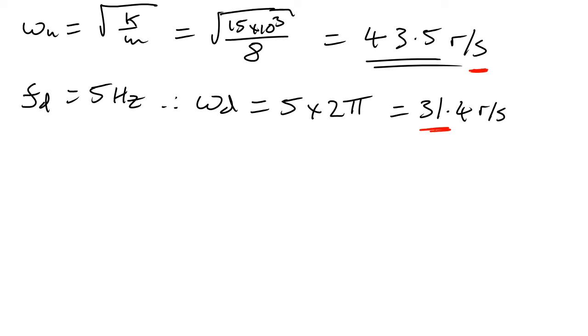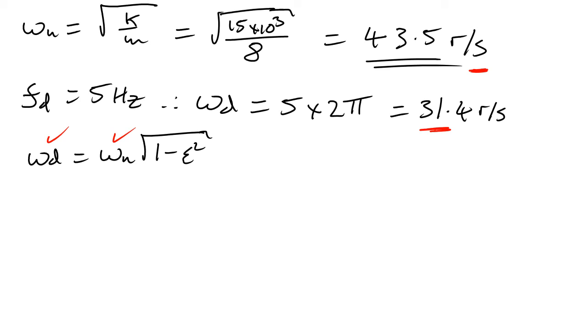Right, and what do we need to find out? We need to find out the damping ratio. So we know then that our damped frequency equals our omega N multiplied by the square root of 1 minus zeta squared. So in this equation then, we've just calculated both of these values, so therefore we could rearrange for zeta.